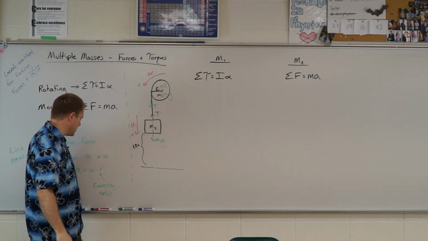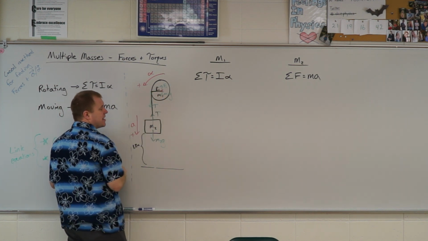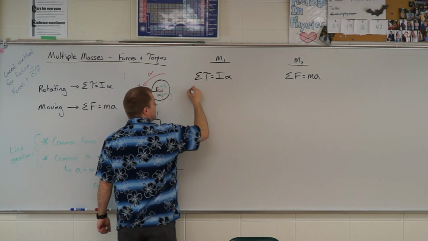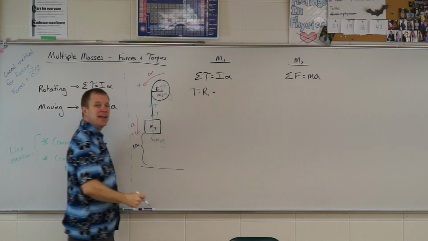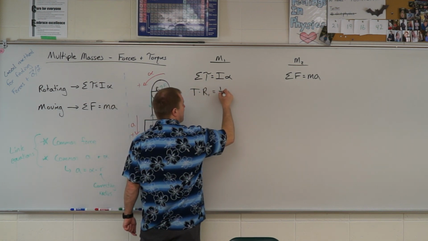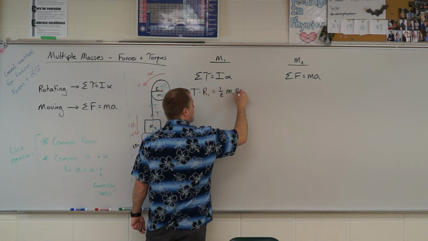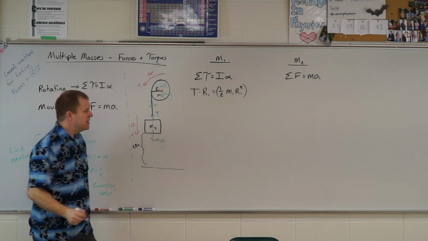Only the tension produces torque, in the positive direction as I've defined it. So I have tension times radius 1 is equal to I alpha. They said it was a disk, so I look at the table and see the I value is 1/2 M1 R1 squared, times alpha.